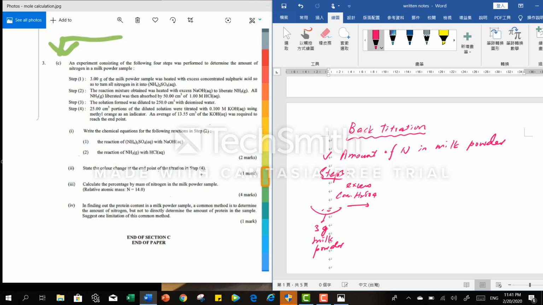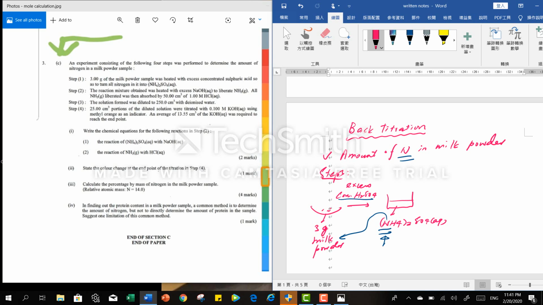So it will become (NH4)2SO4 aqueous. Now remember, this N, nitrogen, is our target. So obviously this N all comes from the milk powder because we just add concentrated sulfuric acid. So you have to know where each atom comes from.